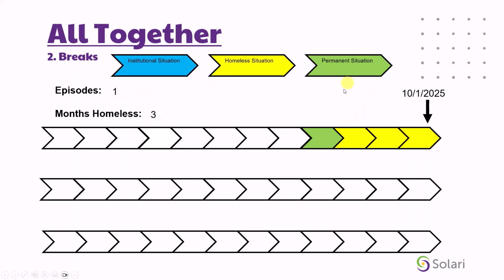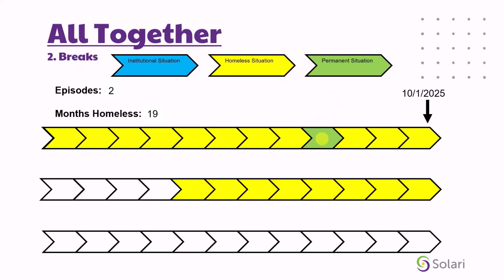Prior to this green section here, where the client was staying with their brother, we learned that the client was experiencing homelessness and living on the streets for the 16 months prior to that. So we now see that the total months of homelessness has jumped up to 19, which is the number of yellow arrows that we have. This also represents 2 episodes of homelessness because this green here is representing 30 days.